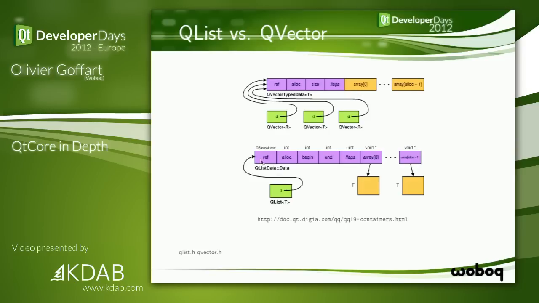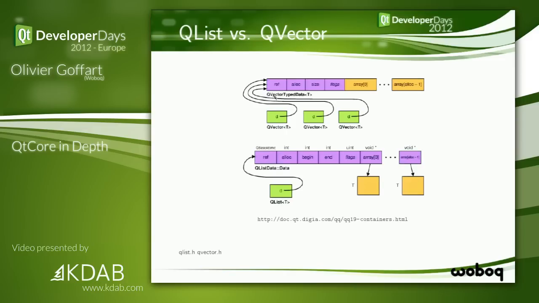And same for QList, but the difference is that in QVector, the elements are directly stored within the array, while in QList we have an array of void star, a lot of pointers to the actual elements. The rationale for doing that is that when you insert something in the middle of a QList, it's faster to move the pointers than moving all the elements, or it was supposed to be like that.